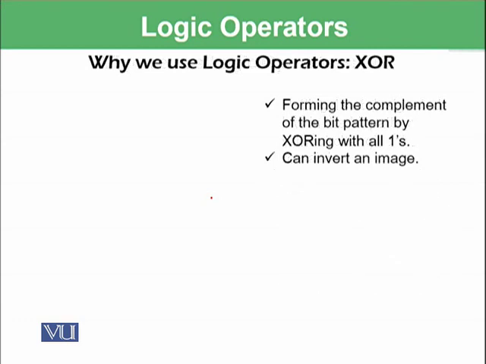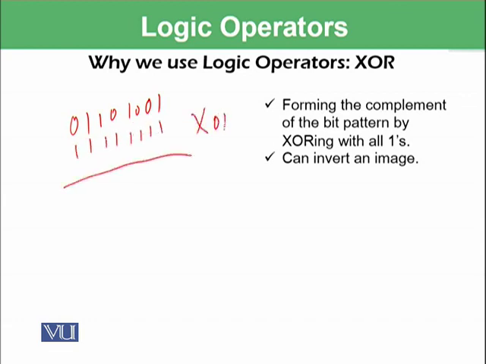And there is a very interesting concept for XOR. XOR can complement a bit pattern straight away. So for example, if you have a bit pattern 0 1 1 0 1 0 0 1 and you want to complement it, making zeros into 1 and ones into 0, you can simply XOR it with 1 1 1 1 1 1 1 1.